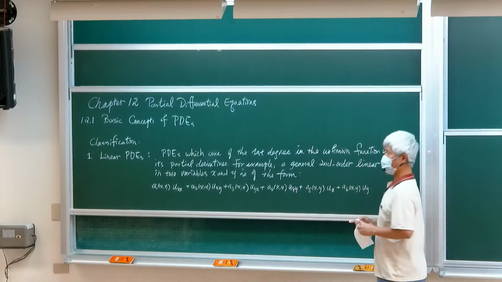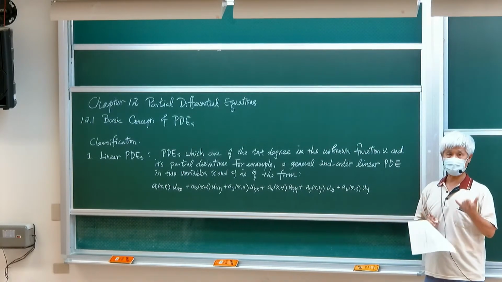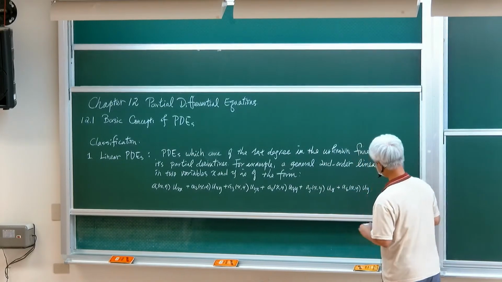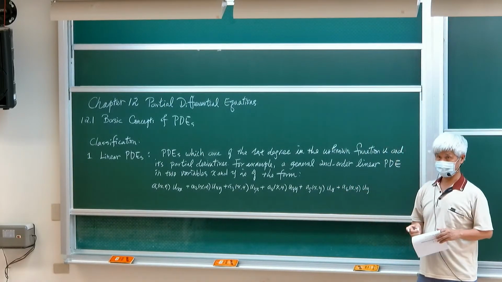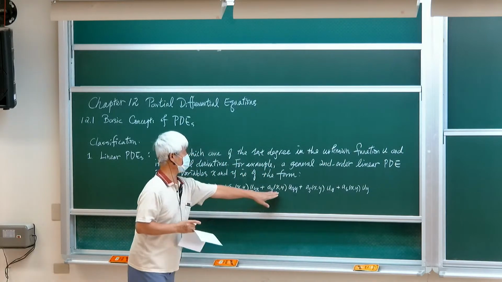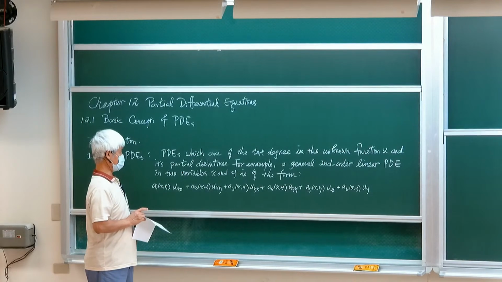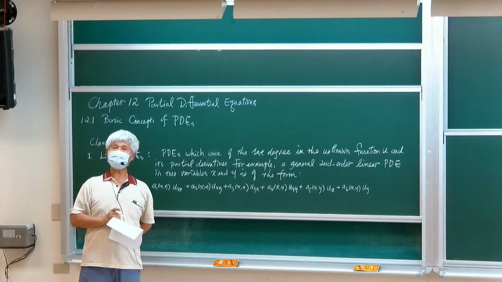Because we have two independent variables, x and y, we have only two first order partial derivatives. But we have four partial derivatives for second order. And how about third order?